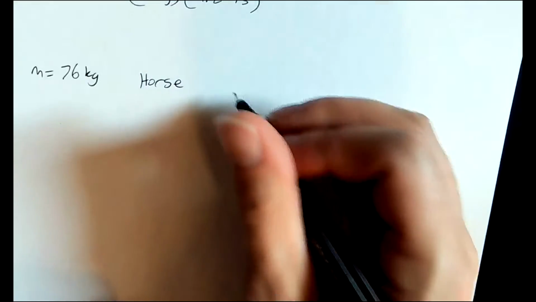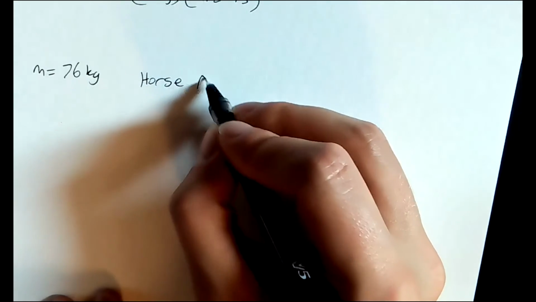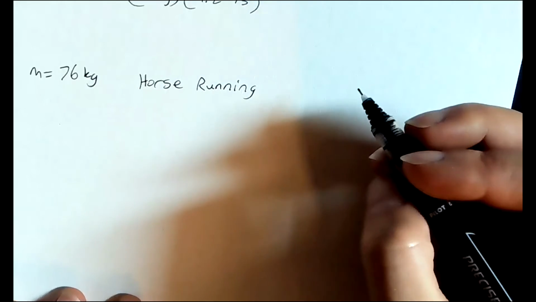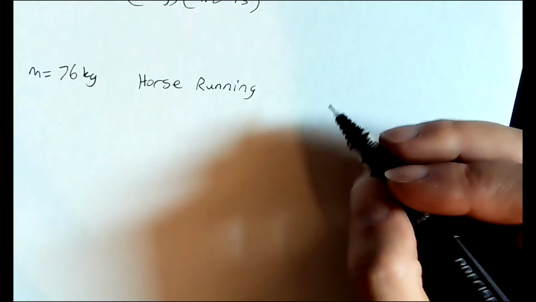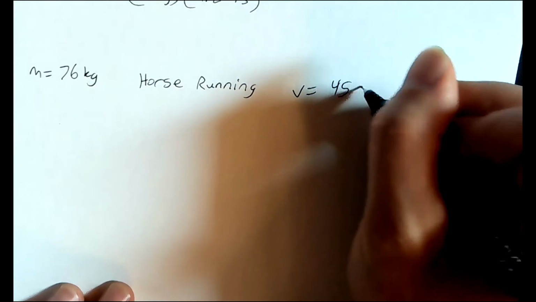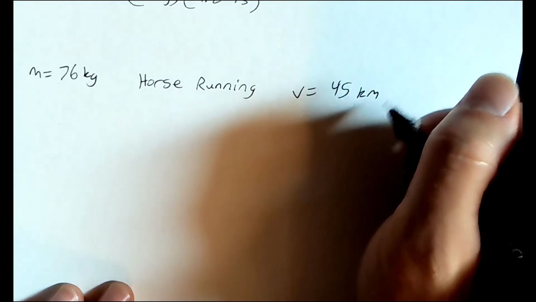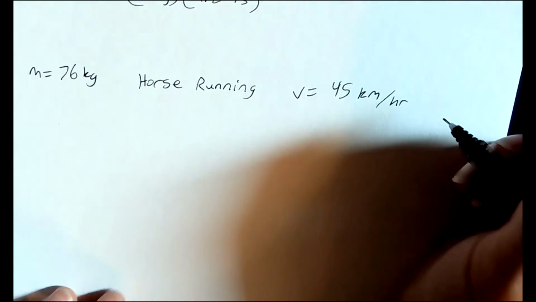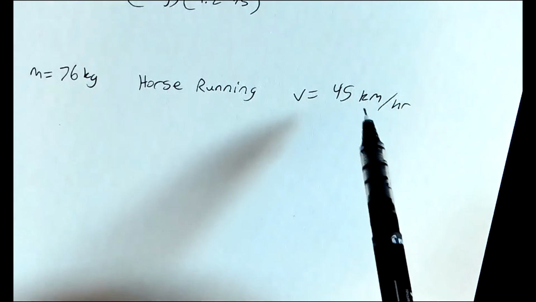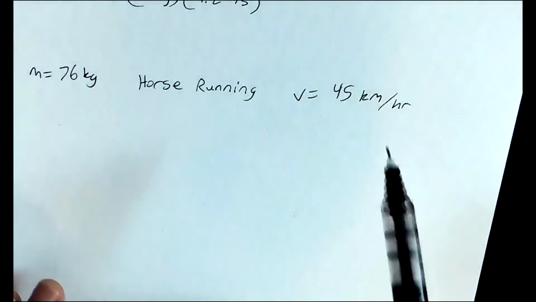No, I'll just write horse, galloping at a speed of 45 kilometers per hour. Now, we need this to be in the correct units.